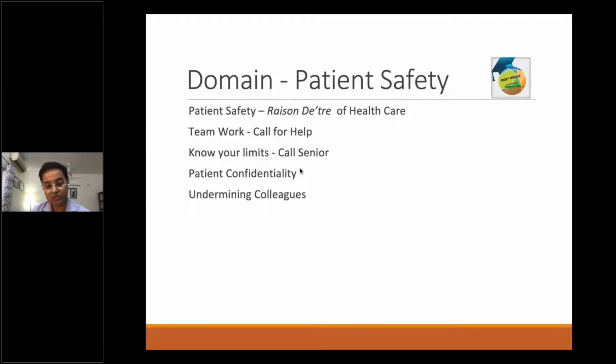Candidates who are not going to take any responsibility for decision making in any of the tasks are as likely to fail as a candidate who does not call for help, refer, or take help of a senior at the appropriate time. So it is important that you know the limit of your abilities. You have to remember that you are an ST5. Forget what you are doing in your personal life right now. In the exam, you are an ST5.